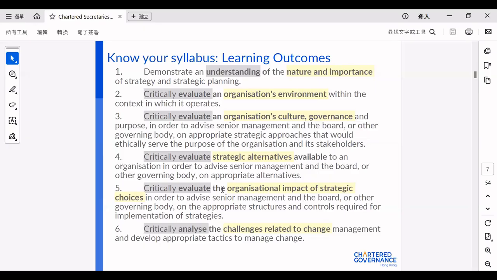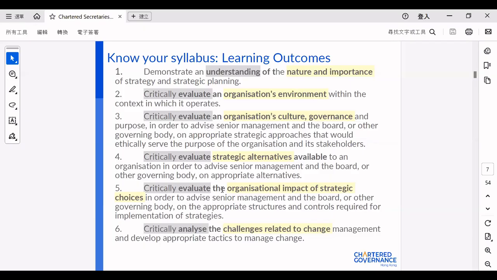So it is very important for you to have a general understanding of the learning outcomes first, before we move into the details, the detailed content, the rules, and the strategic models, etc. Before we do anything, you have to understand what this module is about. You can see in here there are 6 of these learning outcomes.